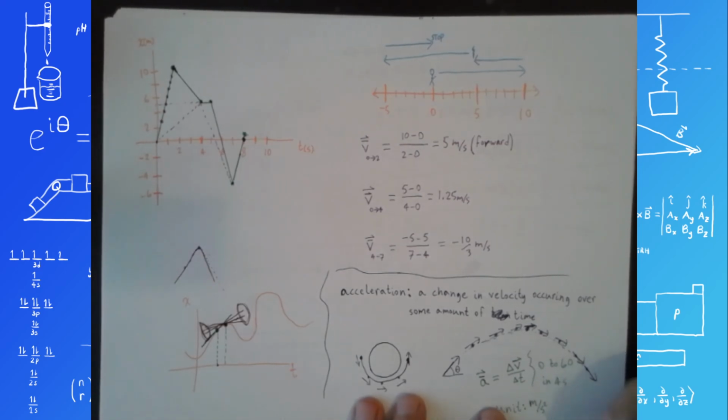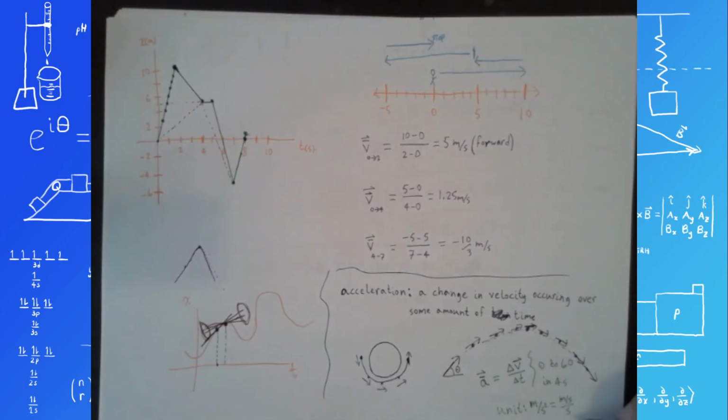That's meters per second over seconds. If you multiply the top and bottom by 1 over s, then you get meters per second squared. That's how the units work out.